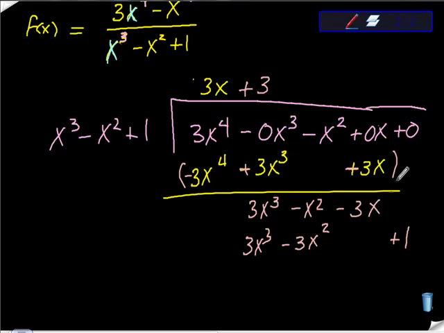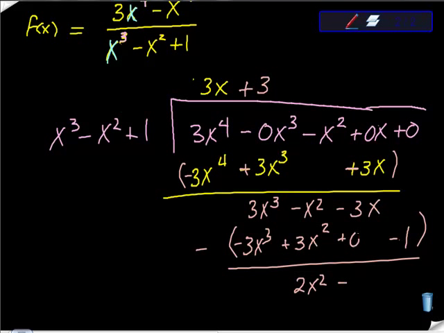Do you see where these place values are coming in handy? We're going to subtract the whole thing out, so all the signs will change. This becomes a negative, this becomes positive, this becomes negative. This goes to 0. 3x squared minus x squared is 2x squared, isn't it? The negative 3x comes down because there was 0, so 3x minus 1.